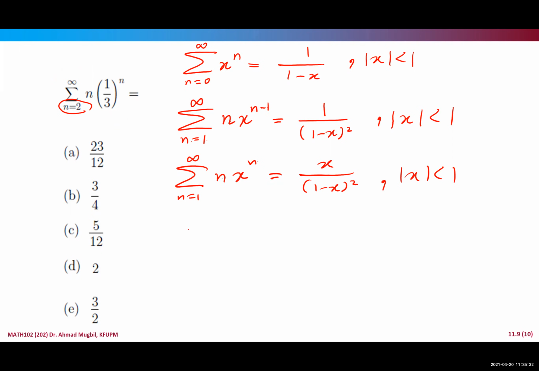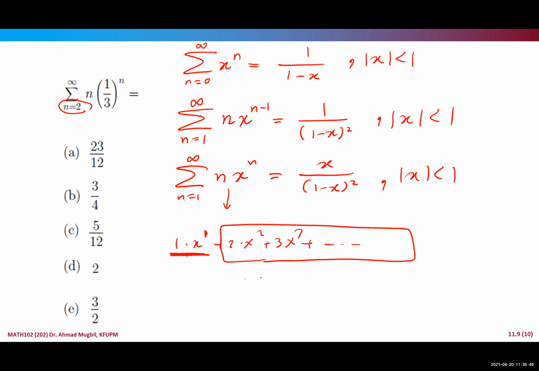So now, as Walid says, we will put n equals 1. If you expand this one, what will you have? 1 times x to the power 1 plus 2x to the power 2 plus 3x to the power 3 and so on. So just leave the first term as it is, and then from here to infinity it is the sum from n equals 2 to infinity of n x to the power n.